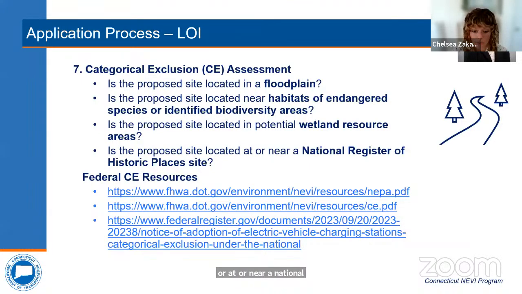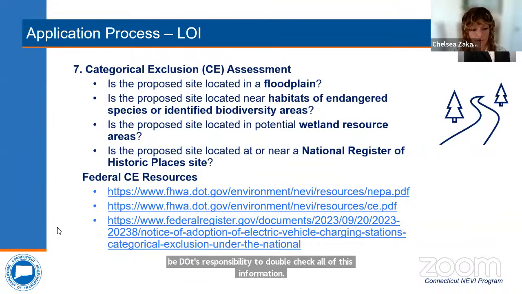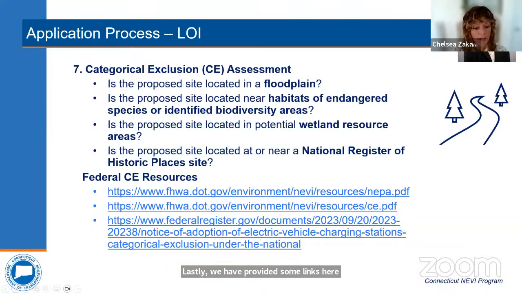The LOI form provides links to web-based mapping tools that will make it really easy to determine these things. This is intended to be an informative screening level exercise for the applicant to better understand potential site constraints, but it will ultimately be DOT's responsibility to double check all of this information. Lastly, we have provided some links here to some very helpful federal resources regarding categorical exclusions that we encourage interested applicants to review.